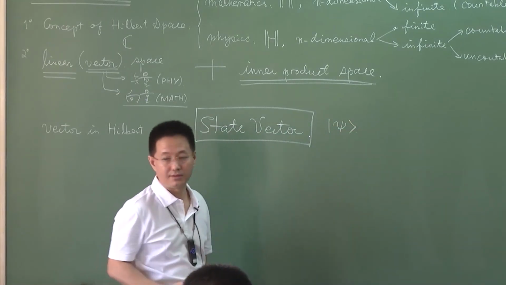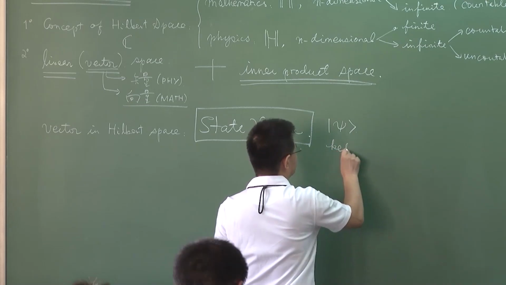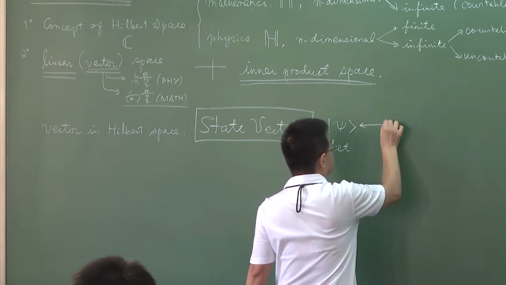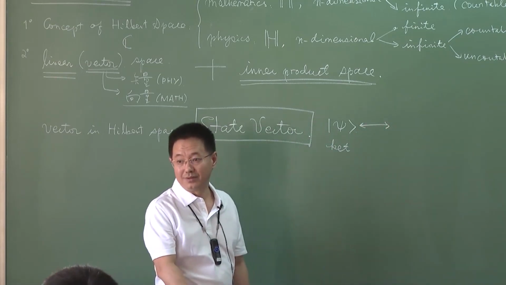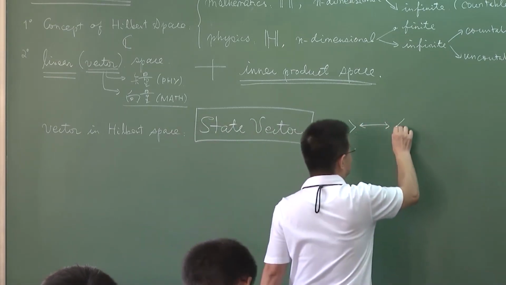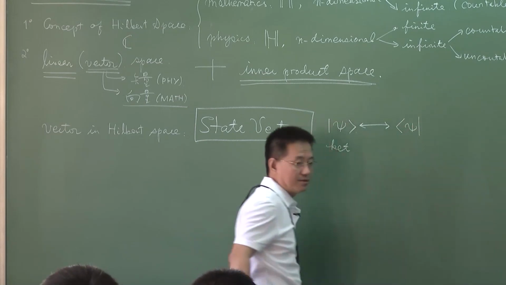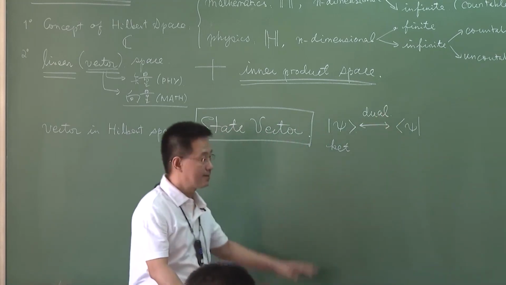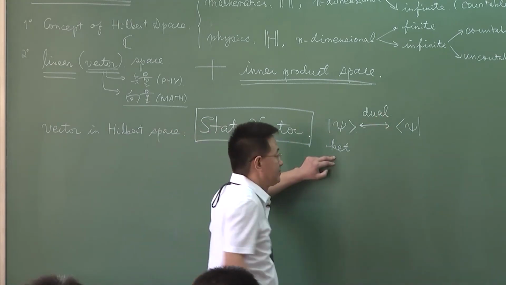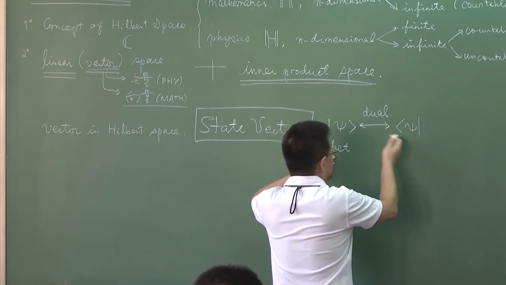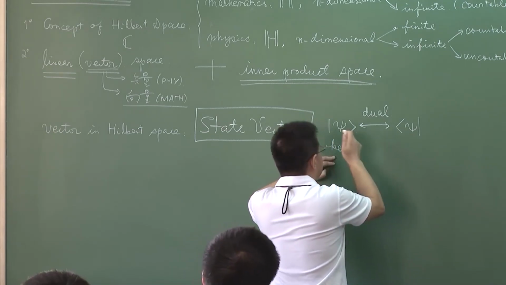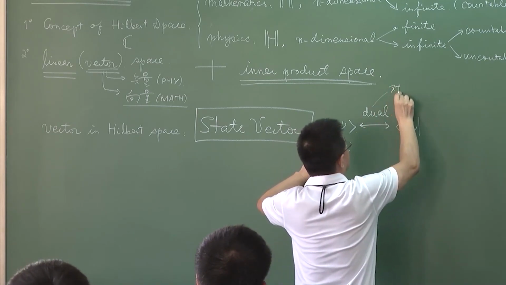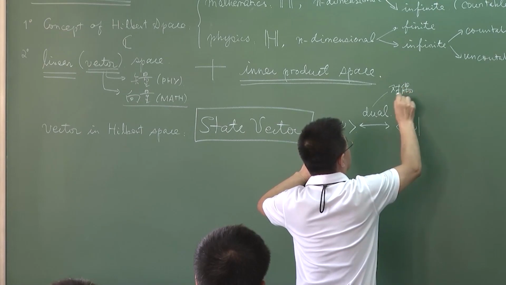And this thing is called the ket. This is called the ket. And each ket has a dual vector. This is the dual vector. So this is a vector. It is called the ket. And this is the dual of this ket. This is called the dual. In Chinese, it is translated like this.